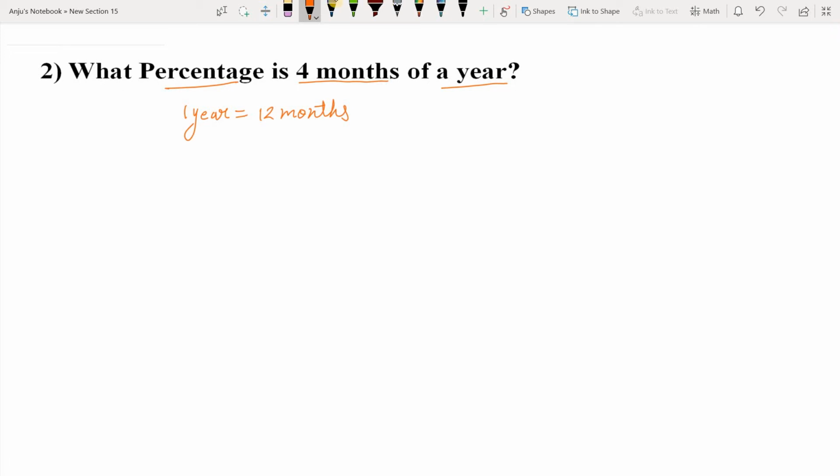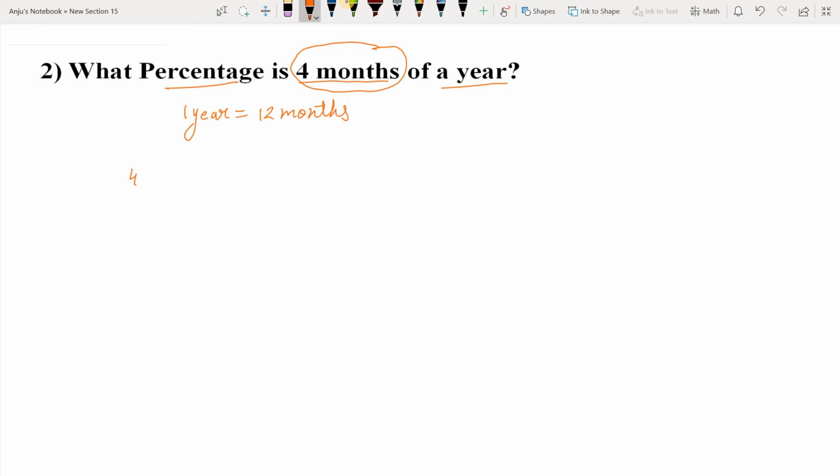So, in this question, we have to find percentage of 4 months of a year. यानी कि small unit को big unit में convert करना है तो यहाँ पर भी क्या होगा? Divide होगा. और 1 year में 12 months होते हैं.